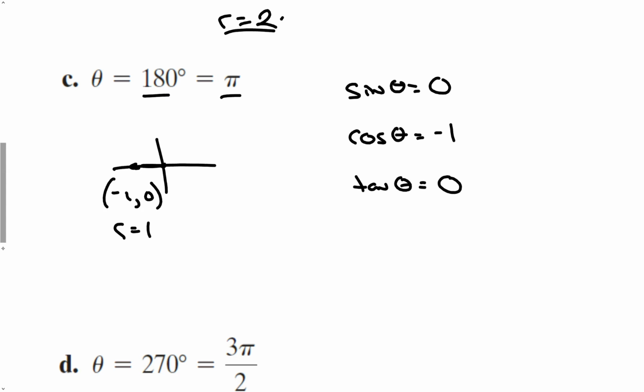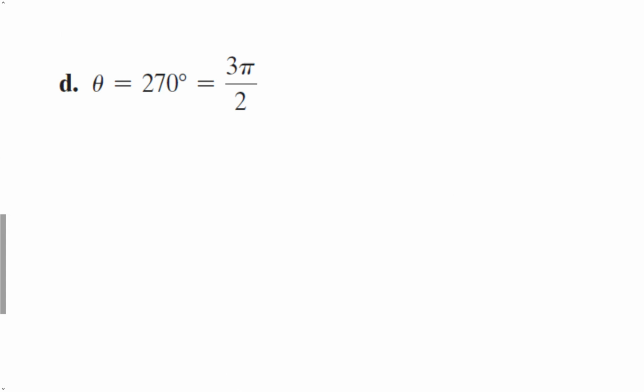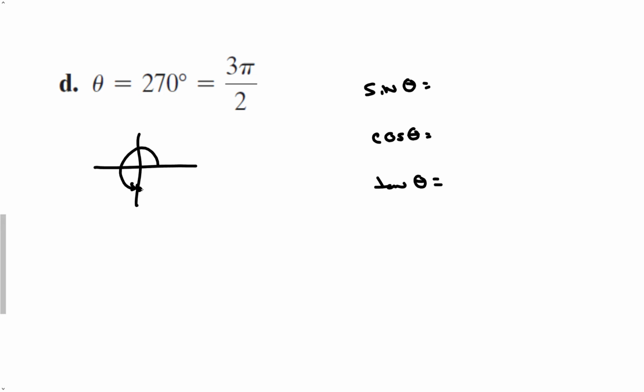And then finally, for my last quadrantal angle, 3 pi over 2, that is this angle right there, 3/4 of the way around the circle. The sine, cosine, and tangent at this angle, let's call that 0, -1, which makes the radius +1. Radius is always positive, right? The distance is always positive.